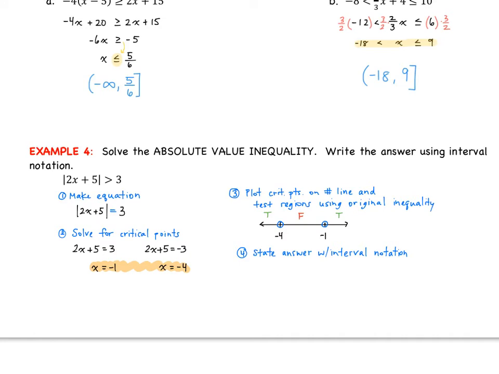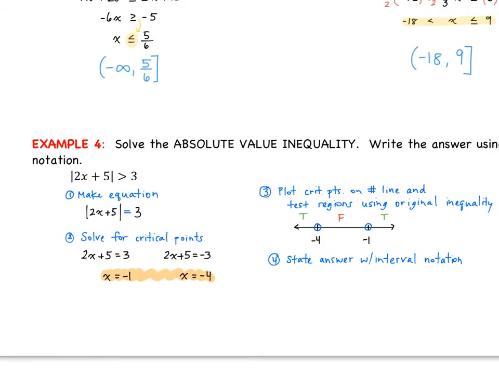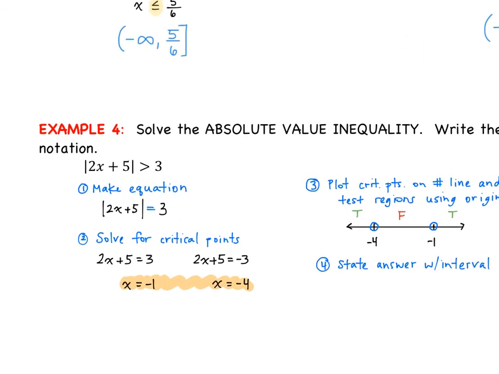Now let's look at absolute value inequalities. So again, this is a review for you, but I laid out the steps very nicely. And we're going to use these guidelines for all the rest of the inequalities that we're going to solve. Okay, so we want to solve this absolute value inequality. The absolute value of 2x plus 5 is greater than 3.